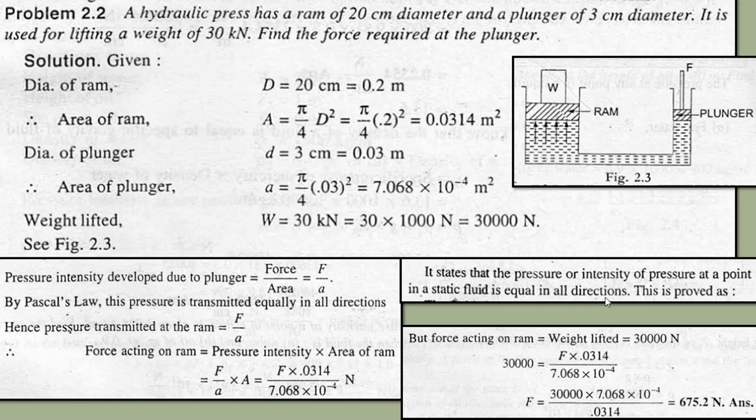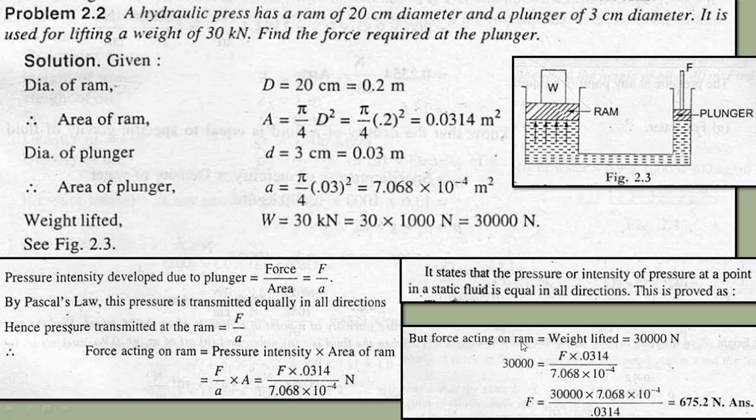Then the pressure or intensity of pressure at a point is equal in all directions. So by Pascal's law, pressure transmitted at the ram is equal to F divided by small a. So force acting on ram is equal to pressure intensity into area of ram, so F divided by small a into A. Put the value and you will get force in Newton.